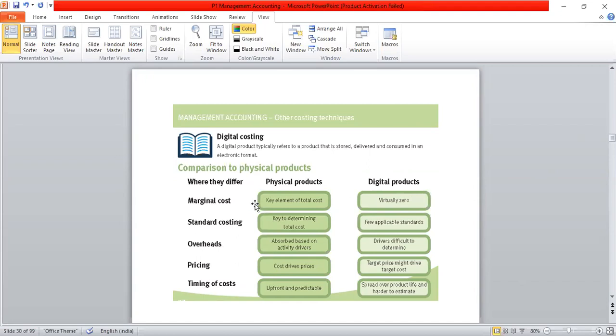Then standard costing, key to determining total cost, few applicable standards. Then what are the overheads? Absorbed based on activity drivers. Drivers are difficult to determine. What are drivers? Drivers are the basis of apportionment. Fine.